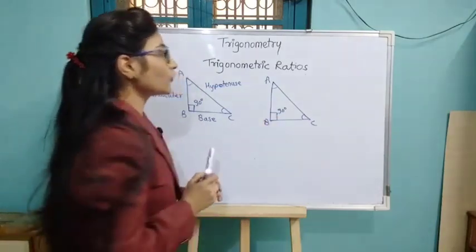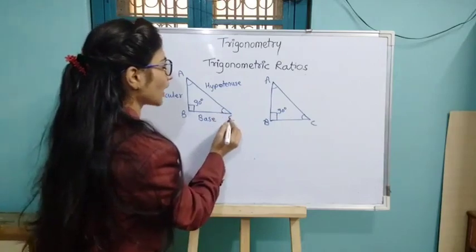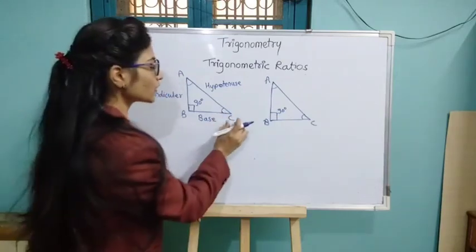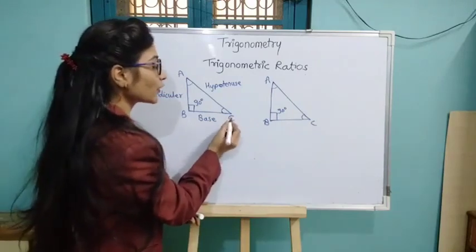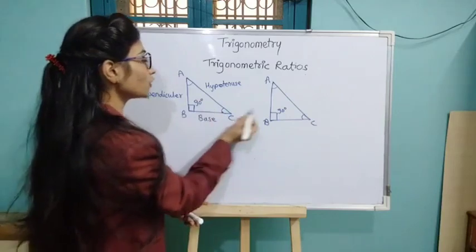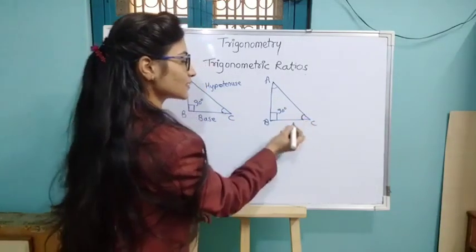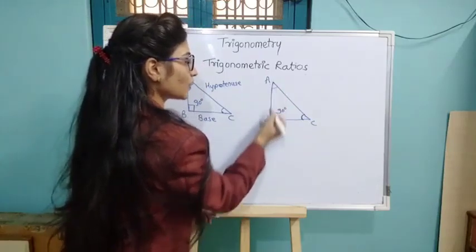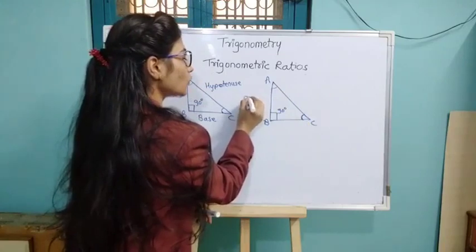If you want to find the trigonometric ratios corresponding to angle C, meaning you are considering C as the acute angle, then this side AB, which is opposite to angle C, will be the opposite side.